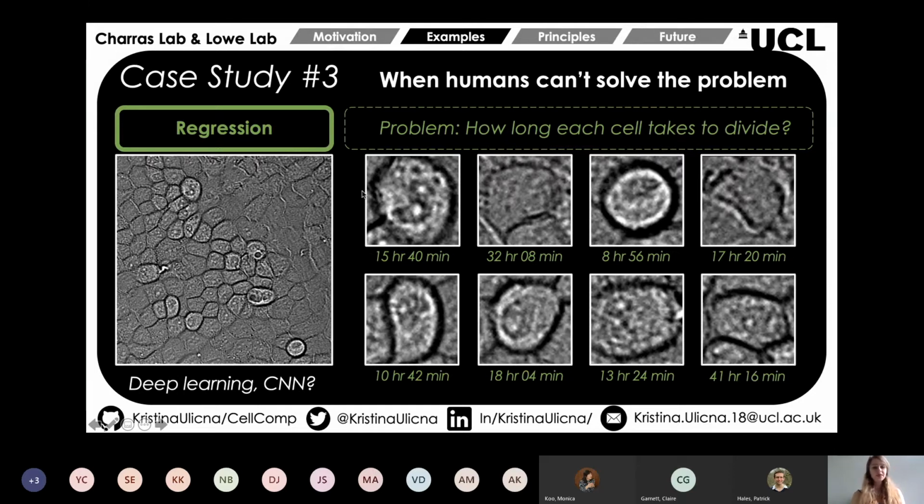And the way we do that is that we again supply a tiny image crop that captures the cell. The cell is right in the center, and we also provide the answers, or the labels, to those images. And in this way, we can train a deep learning model, or well, I'm attempting to train a deep learning model, which could tell me based on the features in these image crops.